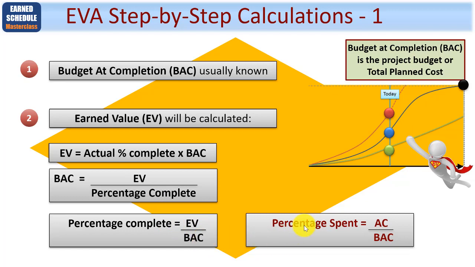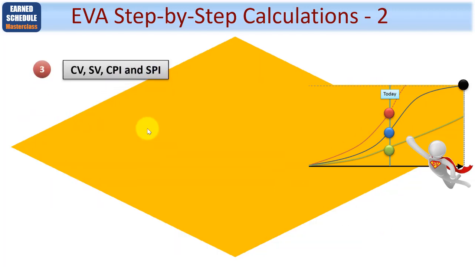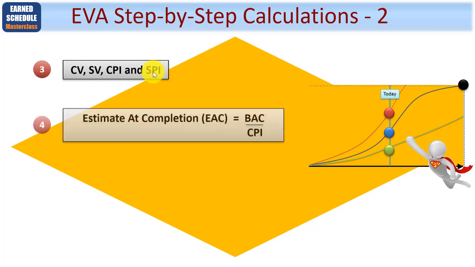The percentage spent thus far will be your actual spend divided by your budget at completion, showing it as a simple ratio expressed as a percentage. Continuing, you'll need to work out your cost variance, your schedule variance, your cost performance index, and your schedule performance index.